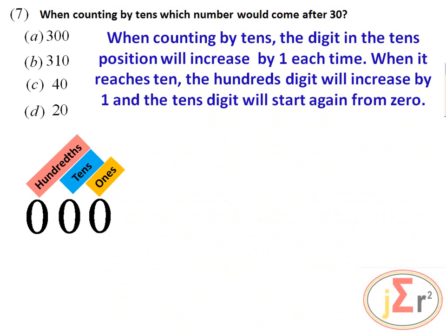When counting by tens, the digit in the tens position will increase by 1 each time. When it reaches 10, the hundreds digit will increase by 1 and the tens digit will start again from 0, like so.